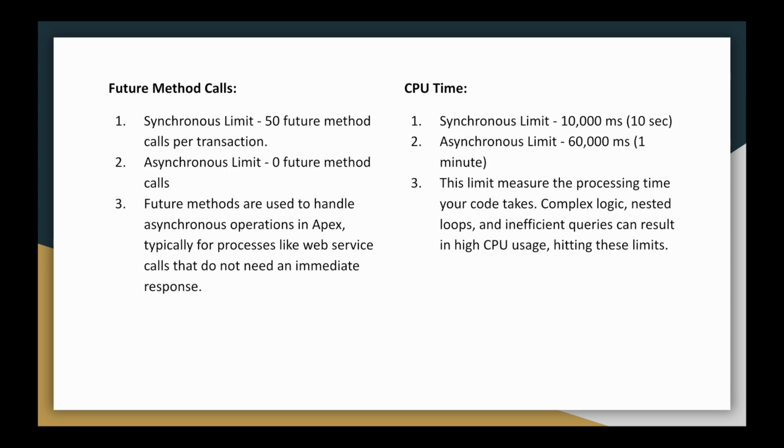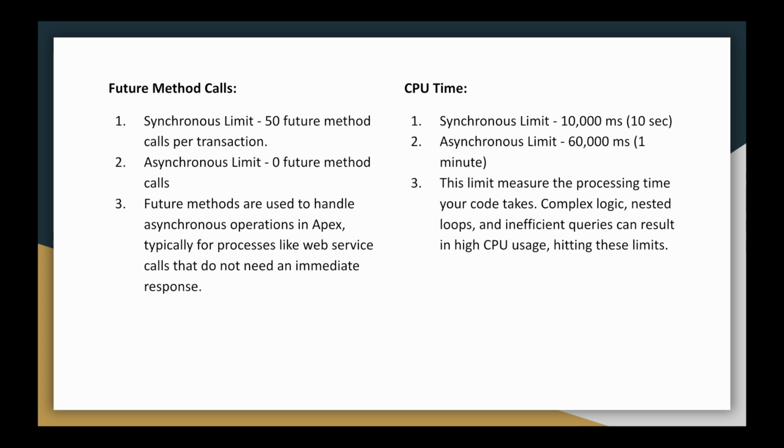Now for future methods used for asynchronous Apex, the synchronous limit is 50 future methods per transaction, but for asynchronous we don't have any limit on future method calls.